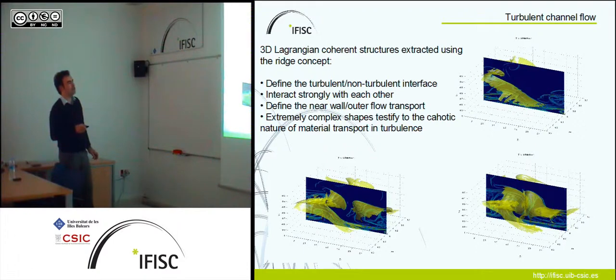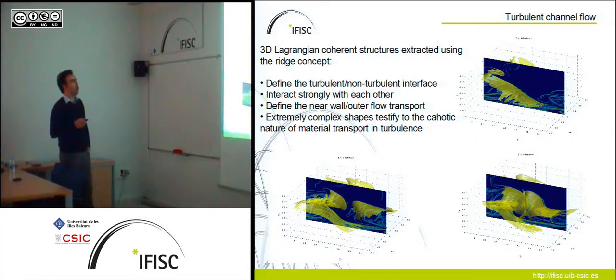This means that this region is not very turbulent. The turbulent intensity of this region is very small compared with this one. And one of the things that we know is that in these turbulent channel flows, the turbulent intensity in the center of the channel is very low, and it increases as we move towards the wall.